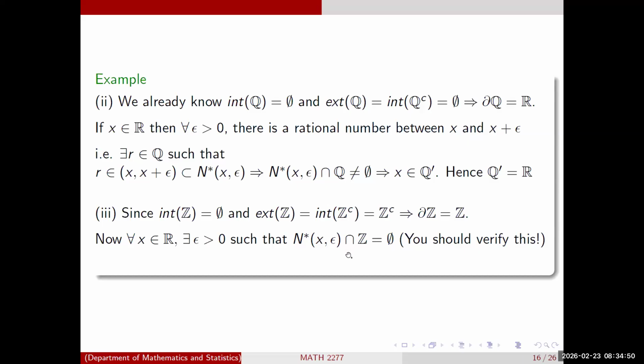Then pick a random point on that line, x, and put a neighborhood around that point that does not intersect any integer. You will see that it's very easy to always do that. So in other words, the integers have no limit points. x is not a limit point of Z. In other words, the limit points of Z, which is Z prime, is the empty set.